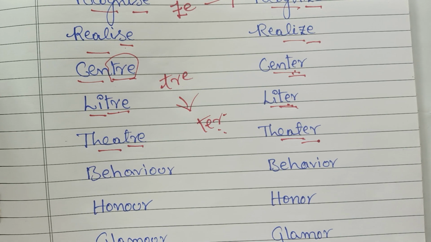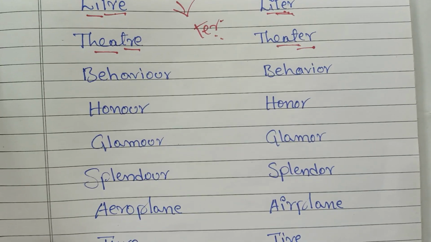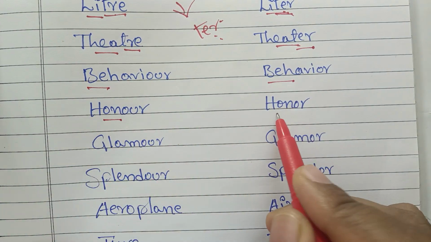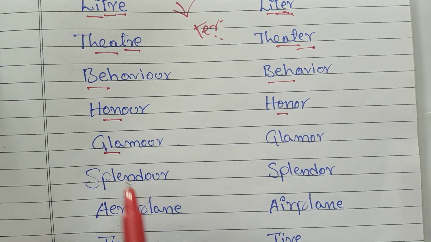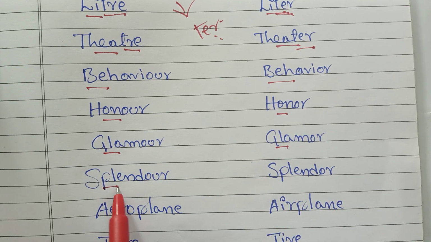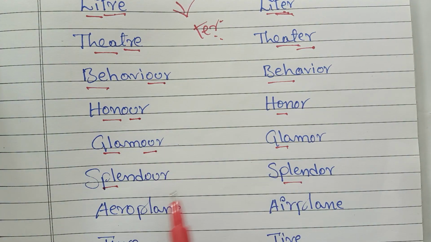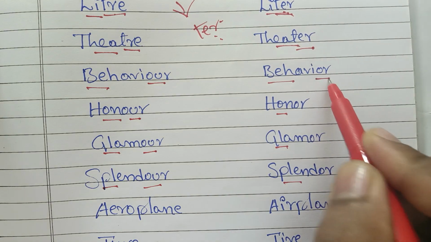So don't get confused. And very important: behaviour, behavior; honour, honor; glamour, glamor; splendour, splendor. So what is the difference here? OUR, but the counterpart just OR.